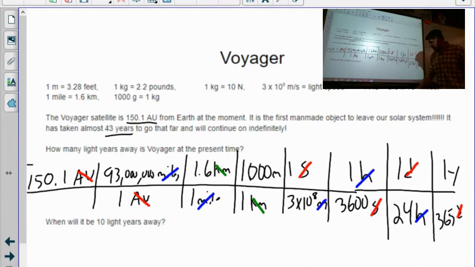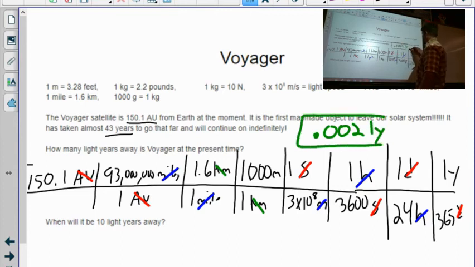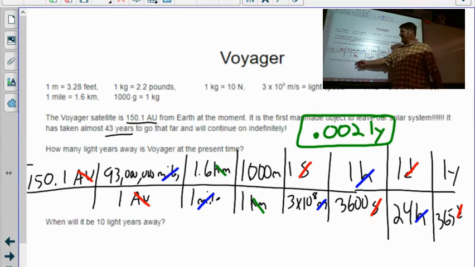If I do it out, it turns out that man's greatest achievement is only 0.002 light years away. Not very far. Okay. So when will it be 10 light years away?